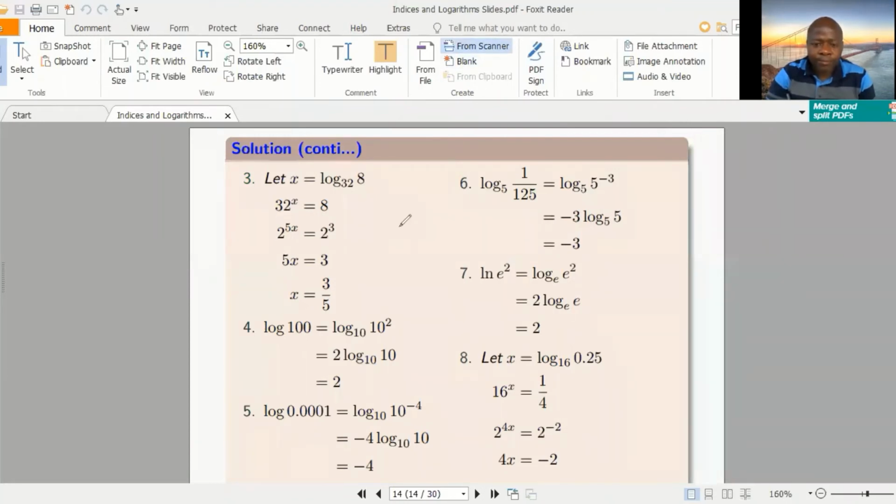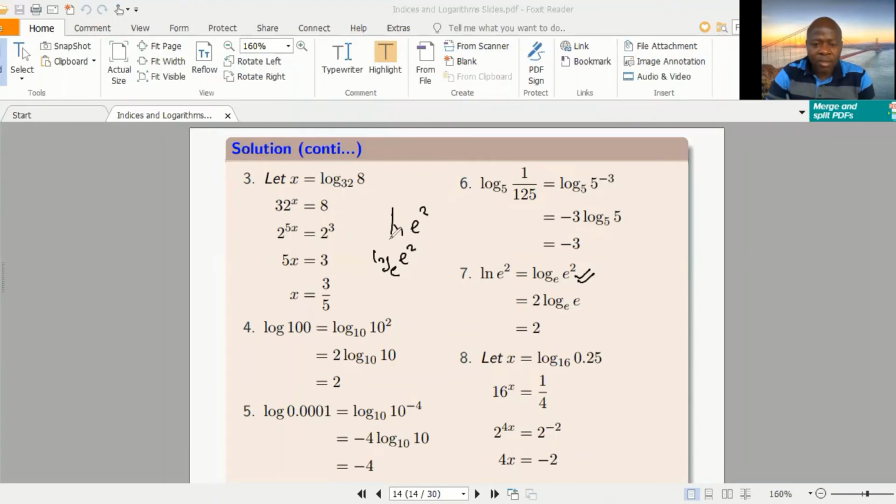So it was ln of e raised to 2. That was the question. But this ln of e means log to base e, and then e raised to 2. That's what I've just written here.